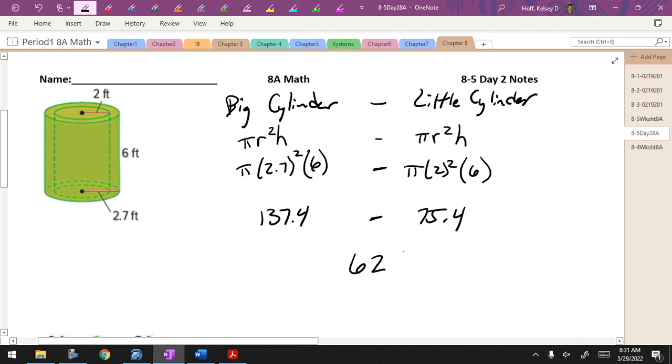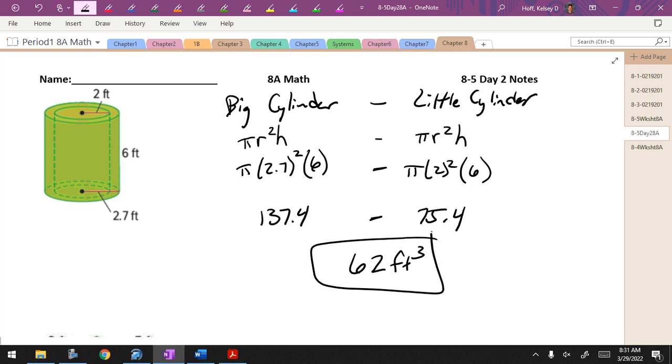Label: feet cubed. Questions on that one? Here's the time to ask if you have questions before I turn you loose on what you're going to do.